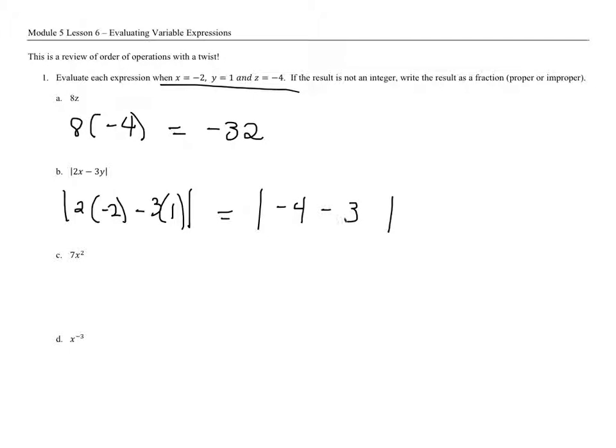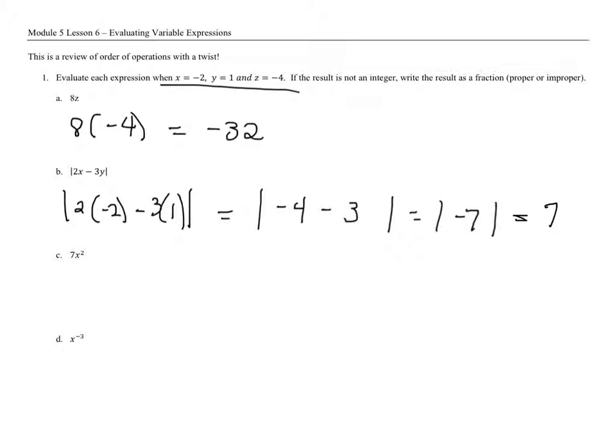So it's negative 4, take away 3. Now don't start breaking out in hives, because negative 4, take away 3 more, will give me negative 7. And the absolute value of negative 7 is 7. There you go. So you just have to be a little bit careful.